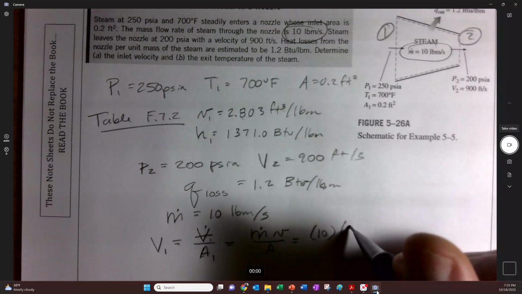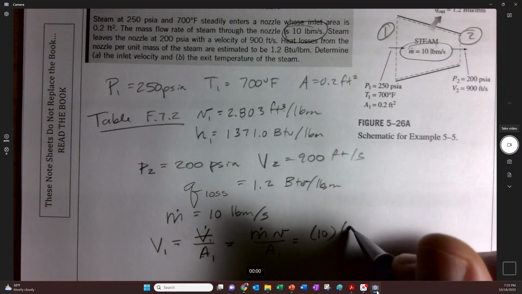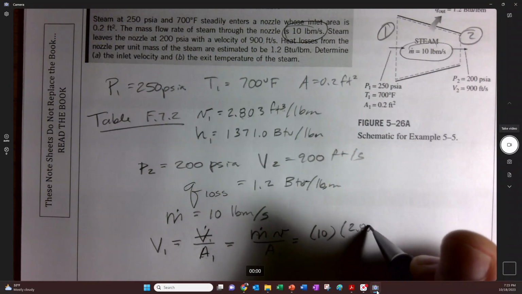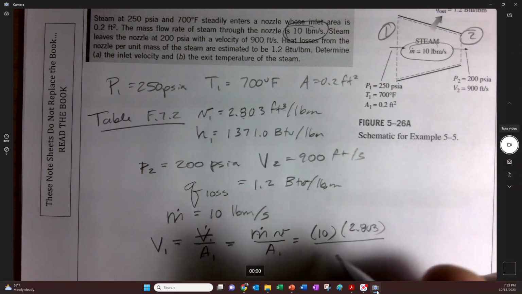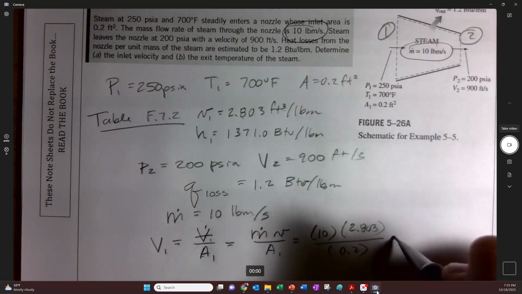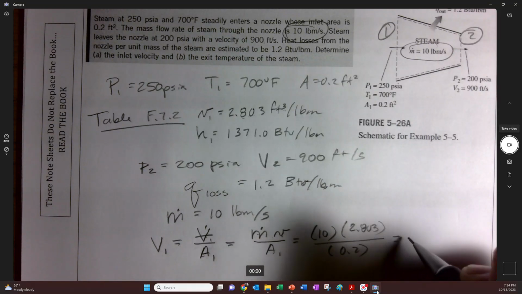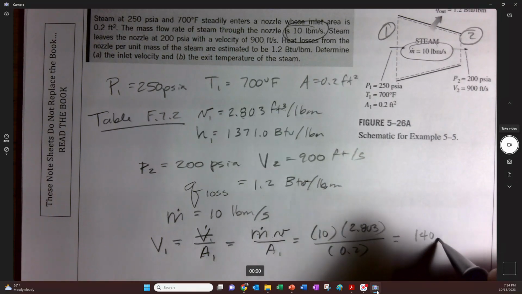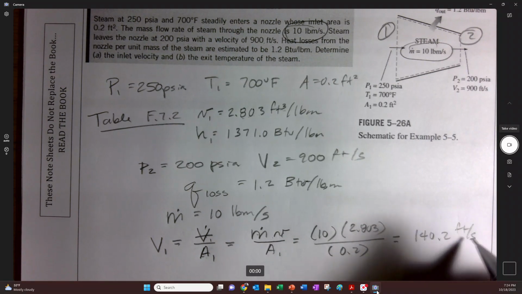So they're going to cubic feet per second. Once we multiply it by that, and divide it by the area of 0.2 square feet, we will come out with feet per second, which is 140.2 feet per second.